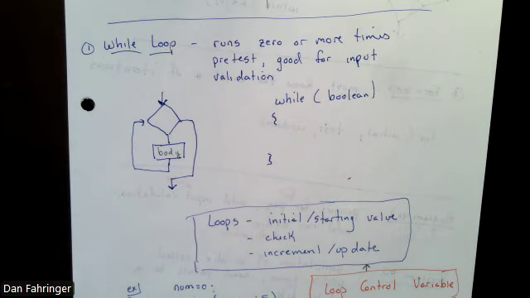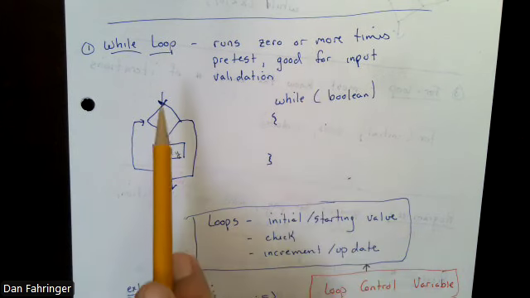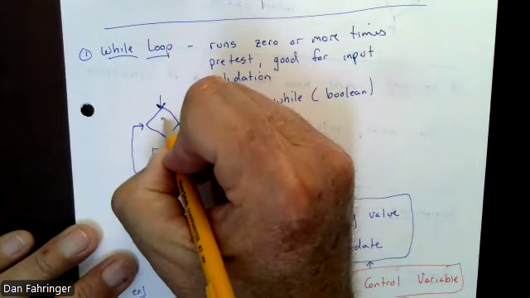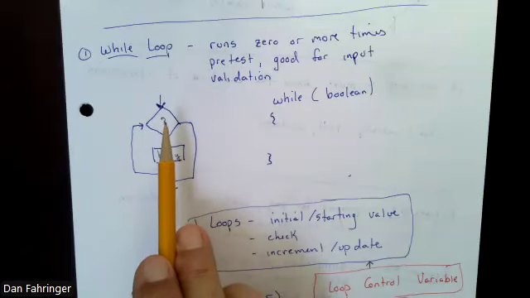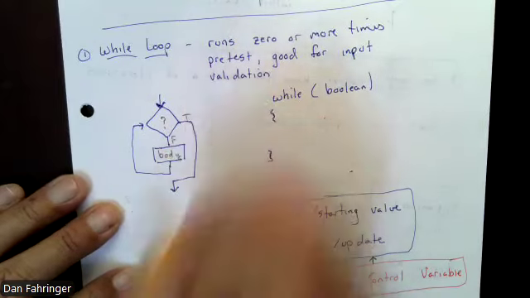Okay. A little more breadth than you had before with loops. First type of loop, the only type we need, is a while loop. To give me a while loop, I don't need a for loop or a do loop, as you know. A while loop runs 0 or more times. I come down and into my decision. It might have relational operators or logical operators, but it's true or false.